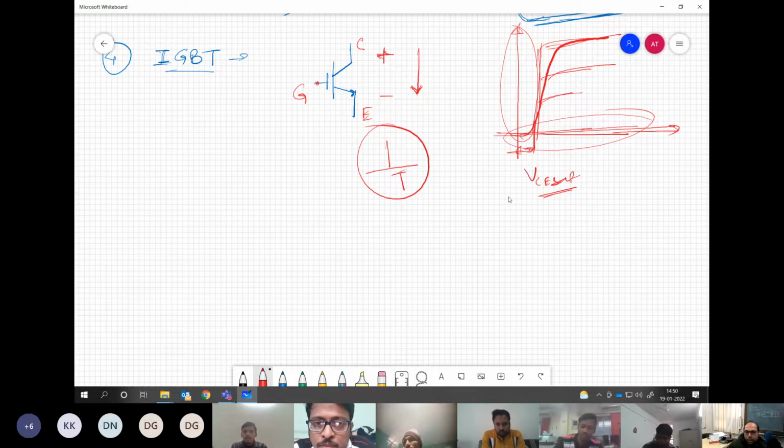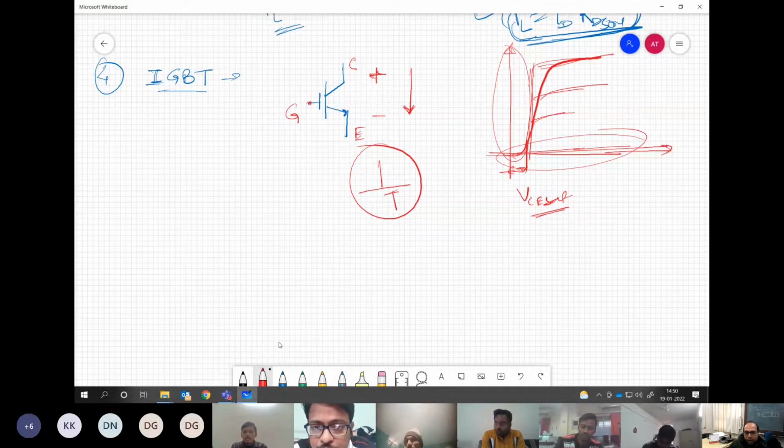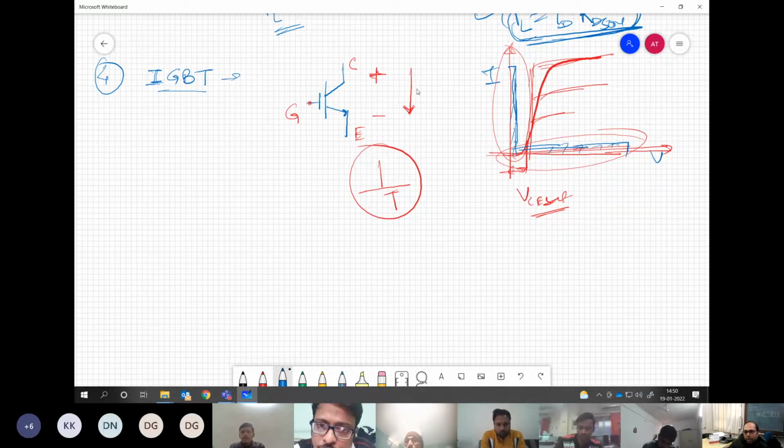Okay. Now we have understood different switches which can operate in different quadrants. This also can operate in the first quadrant, because positive voltage blocking and positive current conduction characteristic is there.